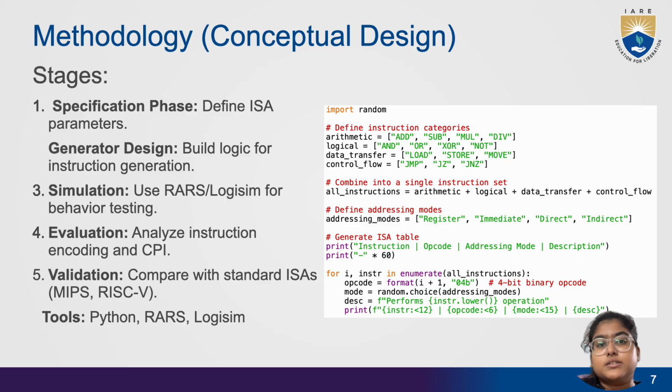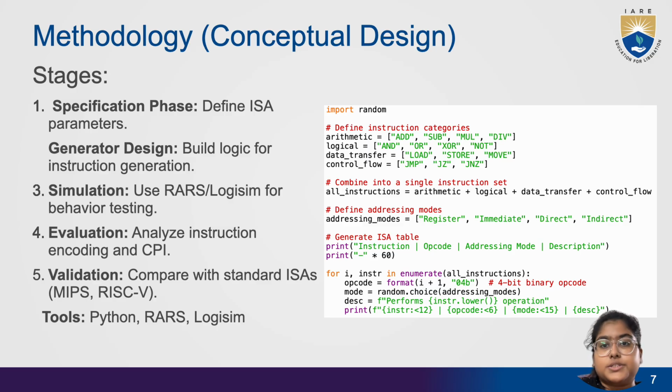Testing and validating the generated ISAs in simulation tools. Four, evaluation metrics. Measuring encoding efficiency and instruction density. Five, validation. Comparing with standard architectures like RISC-V or MIPS. Six, documentation. Recording results and preparing case studies for academic use.